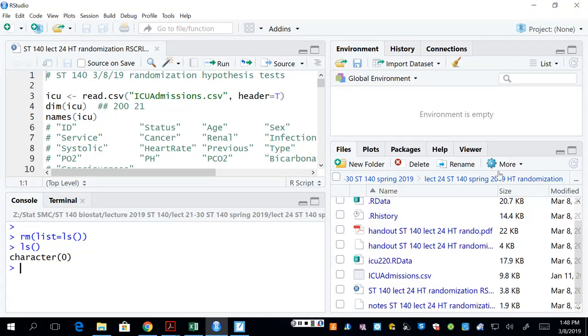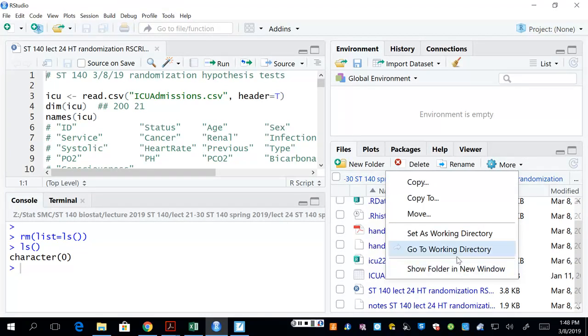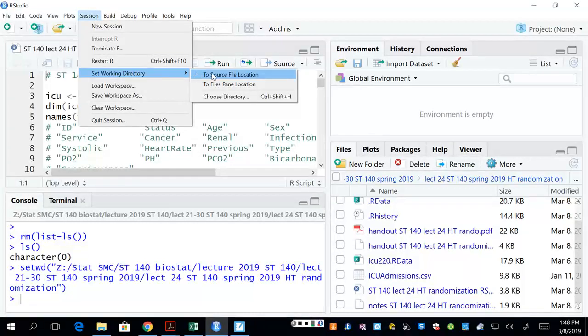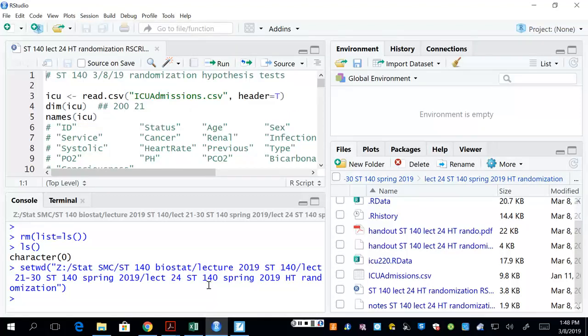I want to make sure that R is looking there, so you can set that place as the working directory, or I could go up here to the session and choose a working directory, the place where that file is. But in any case, I need to be able to see that file.